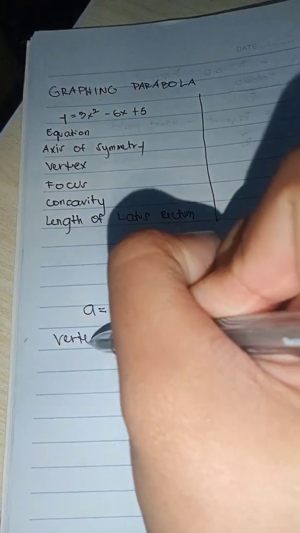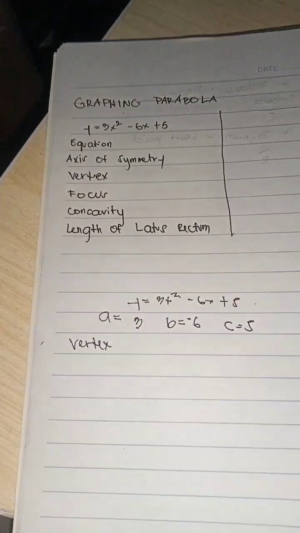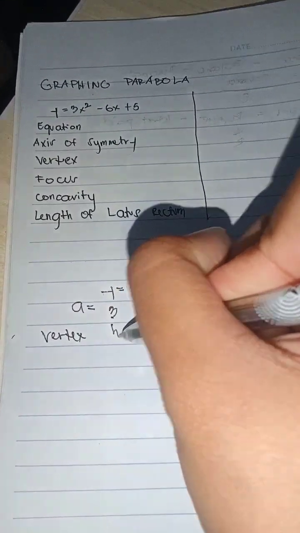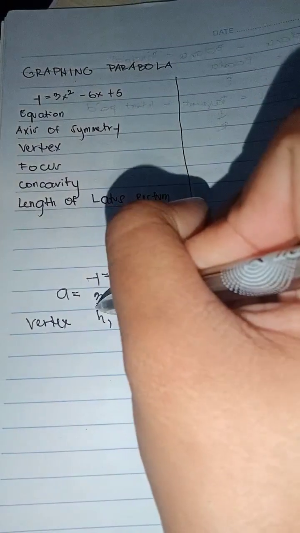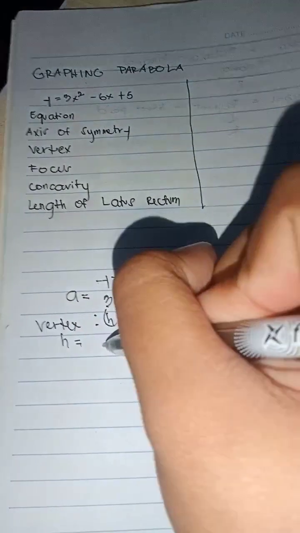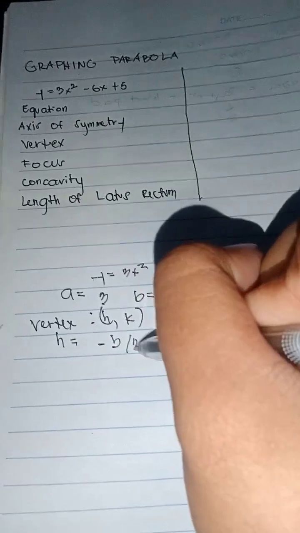Now we first find the vertex. The vertex is (h, k). The formula of h is equal to negative b over 2a.